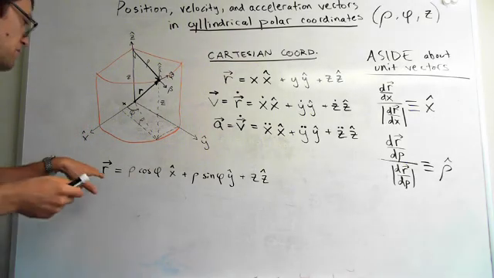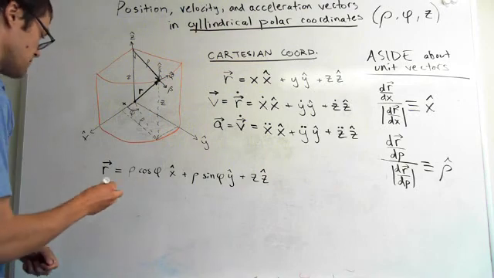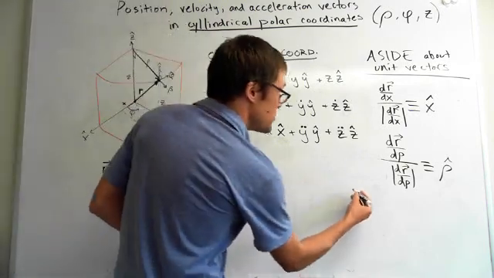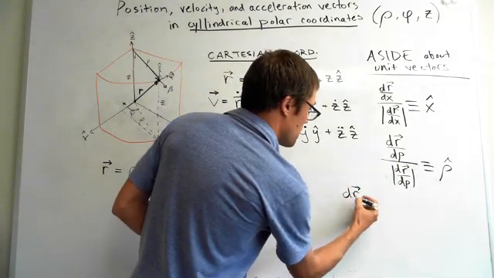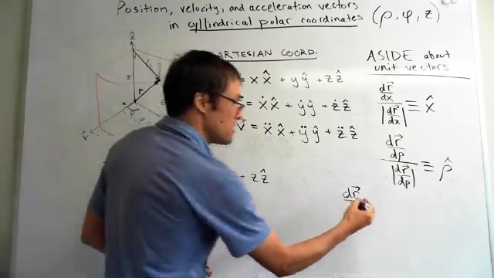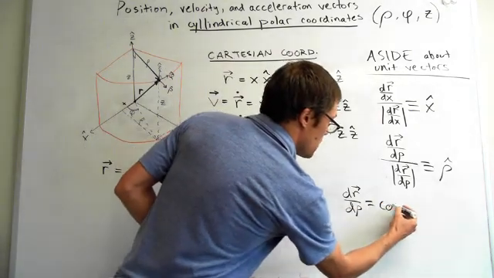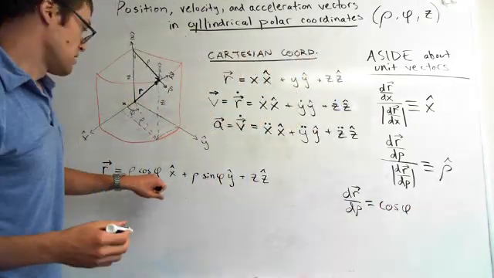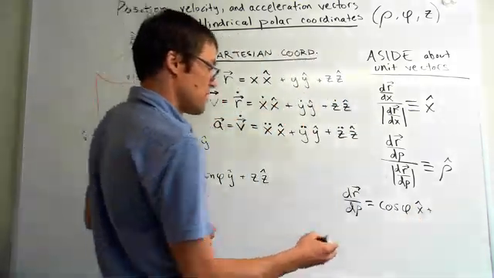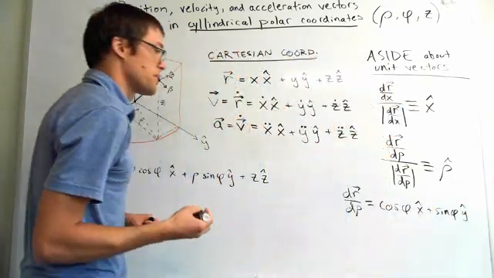Okay, so we're going to go ahead and do that. We're going to take this r vector and take its derivative with respect to rho. So dr d rho, using this expression for r, is equal to cosine phi in the x hat direction plus sine phi in the y hat direction.